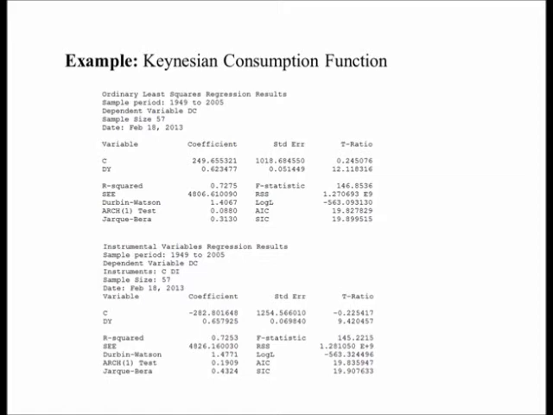But the cost of that has been that it's pushed up the standard error from 0.051 to 0.069, and as a result, the t-ratio has gone down from 12.11 to 9.42. So what we've got here is an example that illustrates those points. It changes the slope coefficient, but there is a cost to that in the form of a higher variance, a higher standard error of the coefficient estimate, and as a result, we've got a less efficient estimator here.